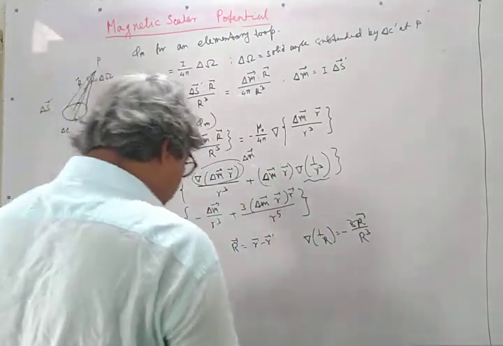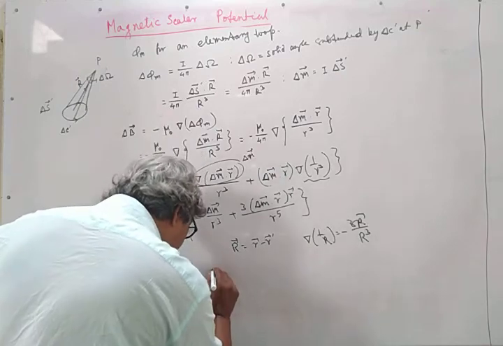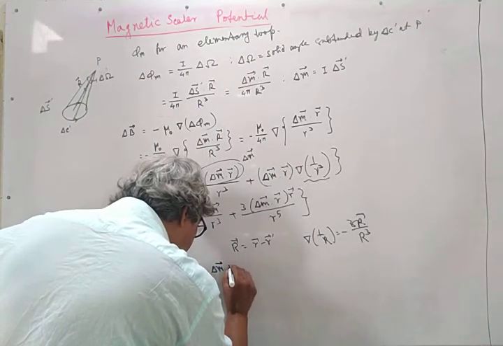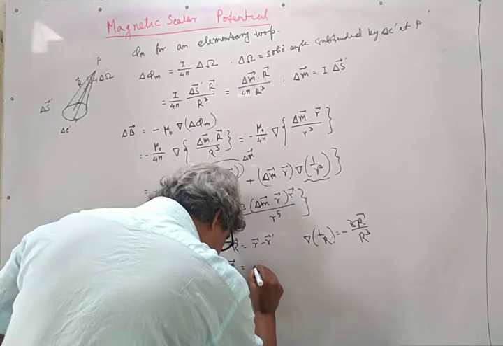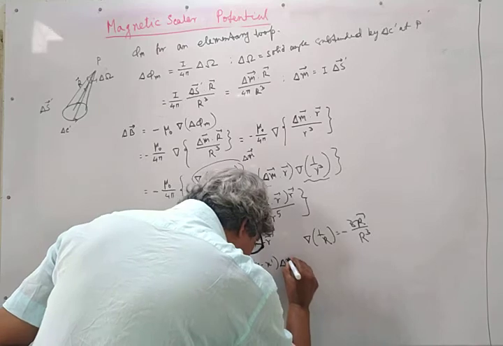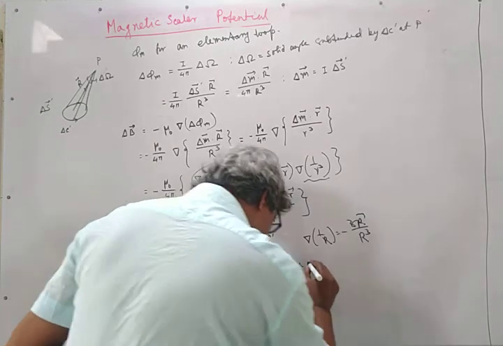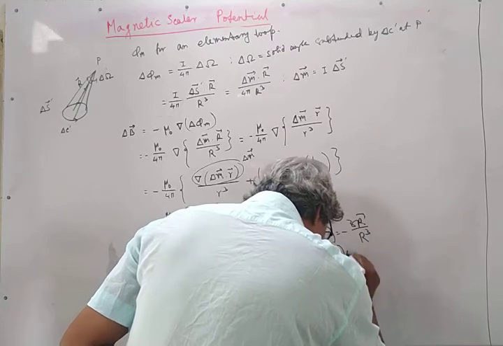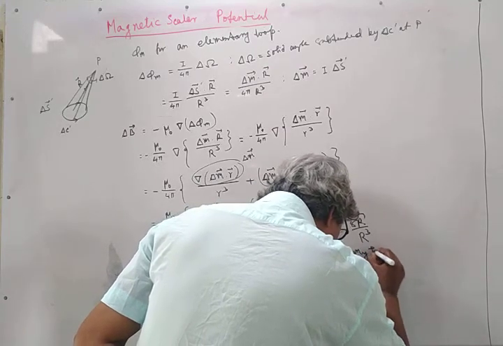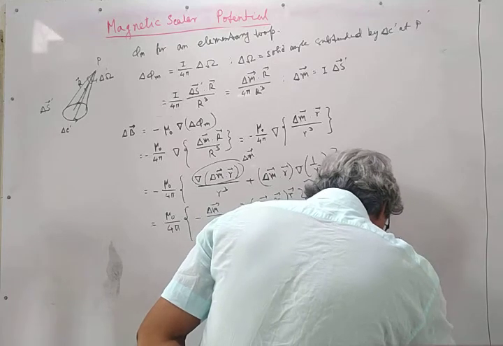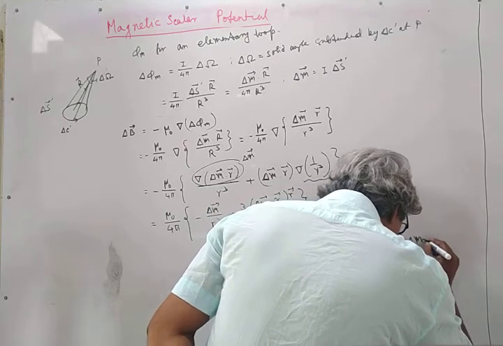For this part, it will be delta m dot R, where capital R will be x minus x prime times delta mx, plus y minus y prime times delta my, plus z minus z prime times delta mz.